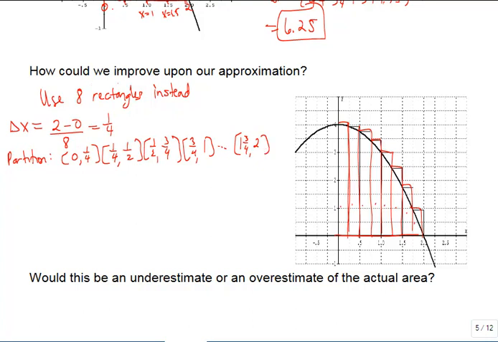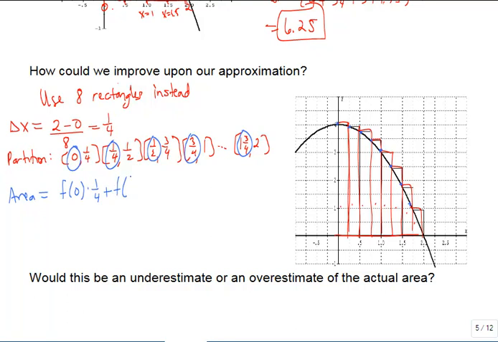And we're still going to use those left endpoints to determine all of these heights. I'm always using the left endpoint of that subinterval to tell me how high to go on my function. So your area would look like the height at that left endpoint, so f of 0 times the width, and the width here is always that 1/4, that delta x. So that would be the area of the first rectangle.